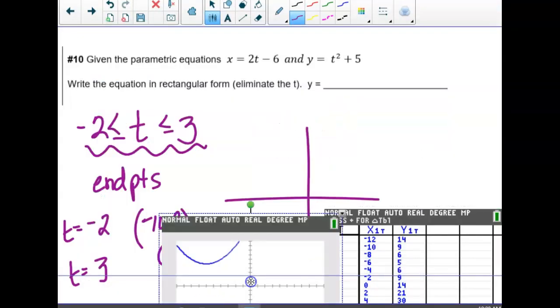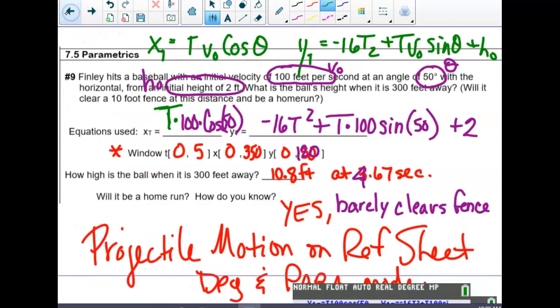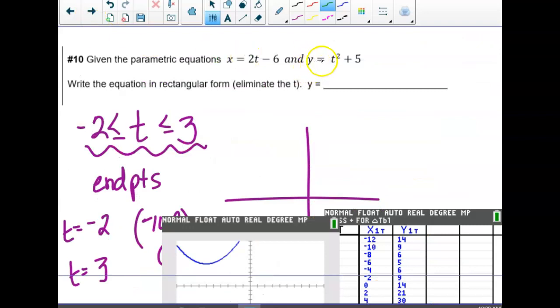It was a piece of a parabola anyway. All right, but back to this question. By the way, one more time, parametrics, oh, it doesn't even say what worksheet it is. Grr, it's on your homework check, okay, to tell you where more practice is on that.